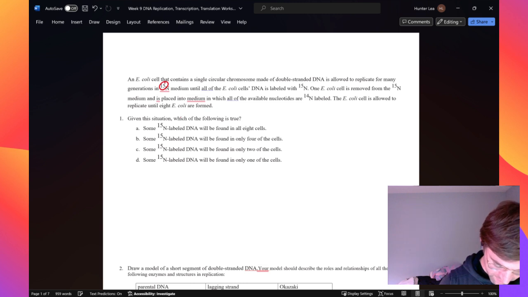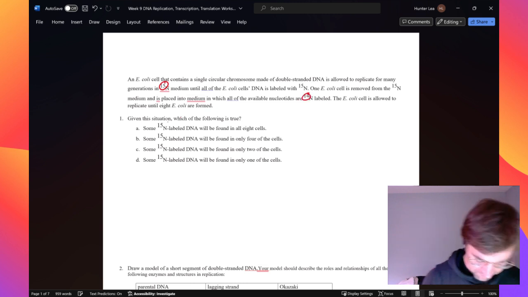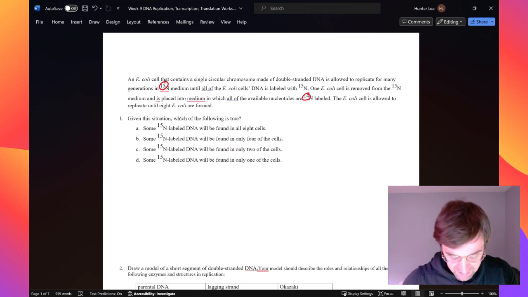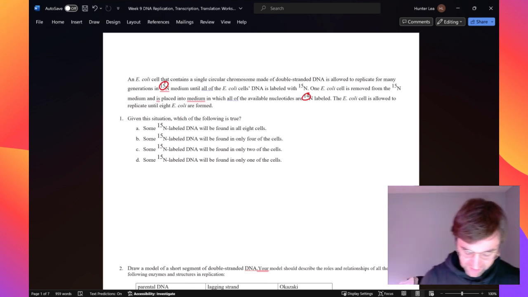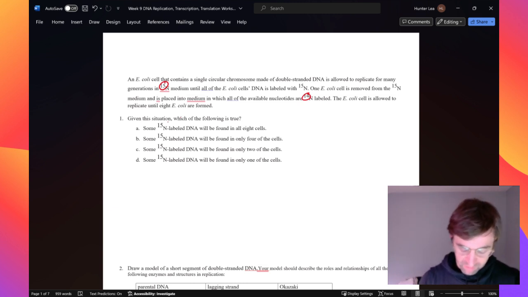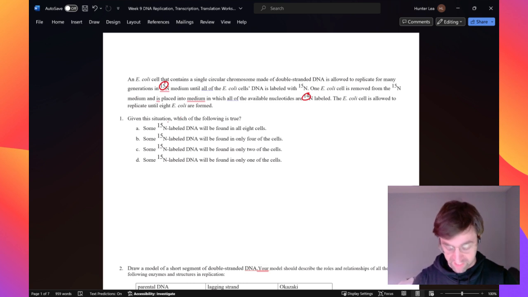Nitrogen-15 and 14. It's allowed to replicate for many generations in nitrogen-15 medium until all of the E. coli cell's DNA is labeled with nitrogen-15. One E. coli cell is removed from the nitrogen-15 medium and is placed into a medium in which all of the available nucleotides are nitrogen-14.